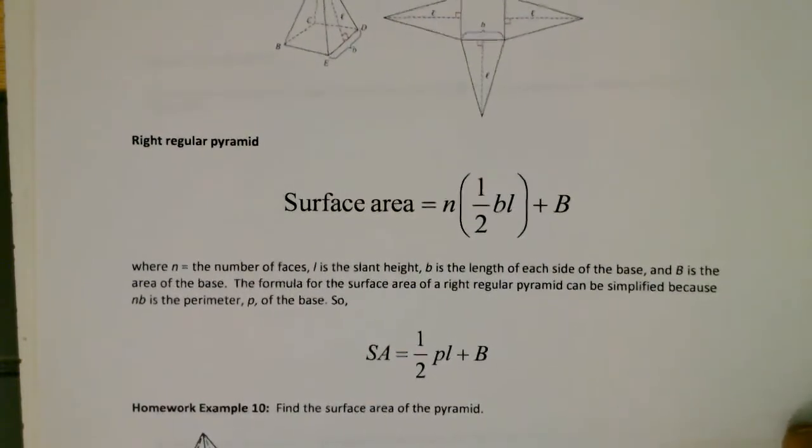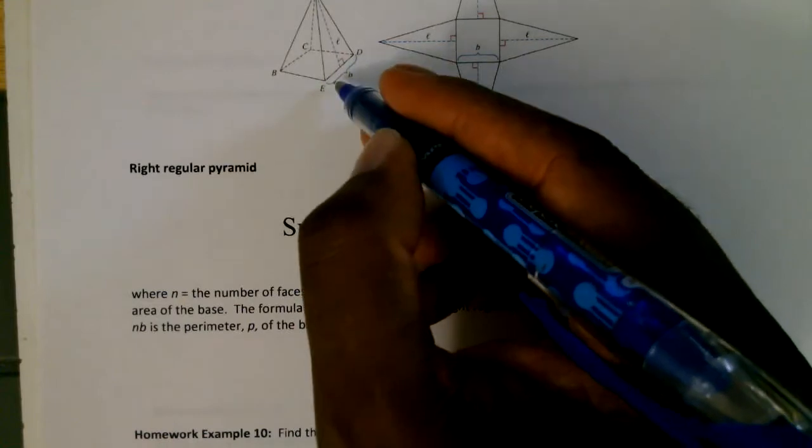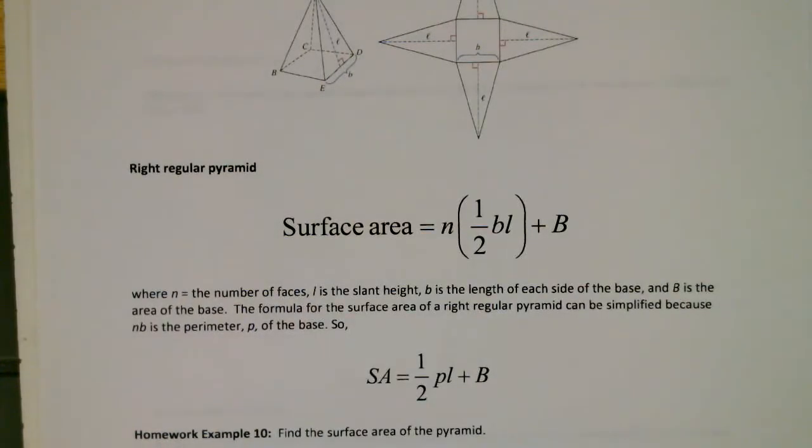Lowercase b will be the length of each side of the base, which is right here. Capital B will be the area of the base. And then the formula for the surface area of a right regular pyramid can be simplified because N times b is the perimeter itself.